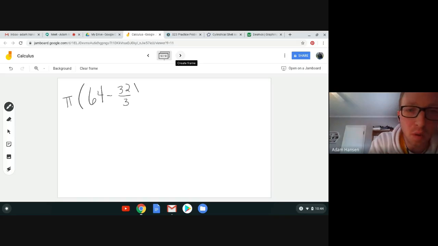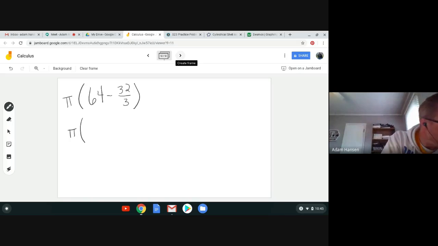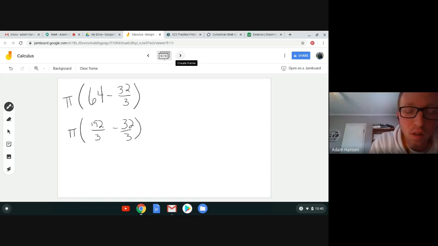Don't need to plug in the 0. 3 is the common denominator, so 64 times 3 gives me 192 thirds minus 32 thirds. So is that 160 thirds? 160 pi over 3.